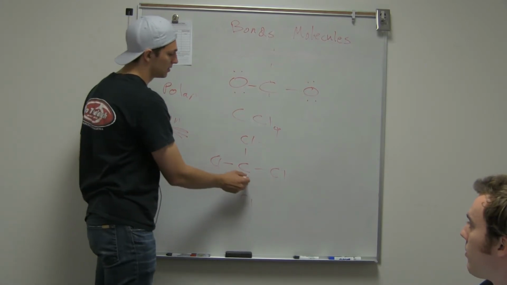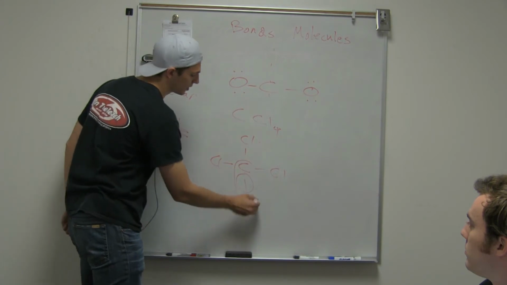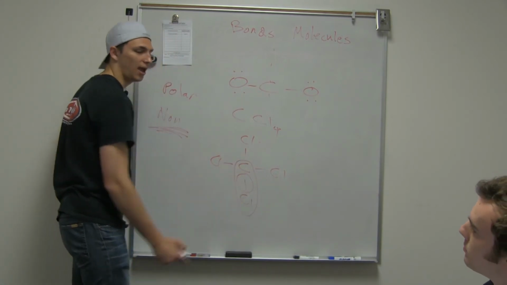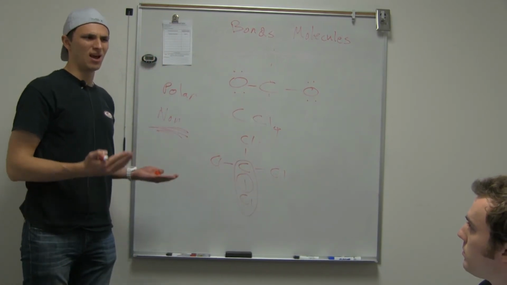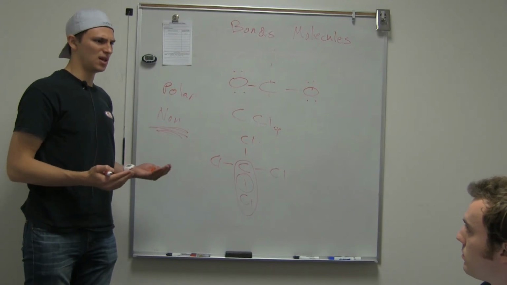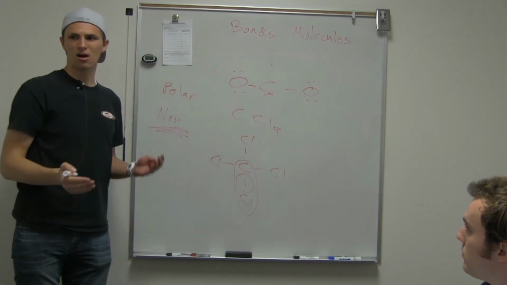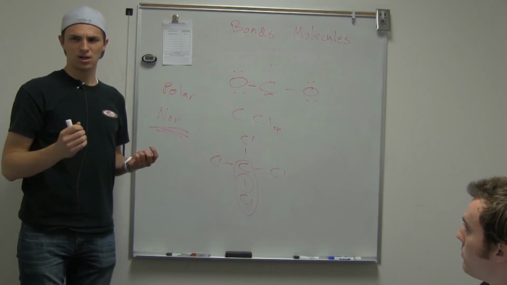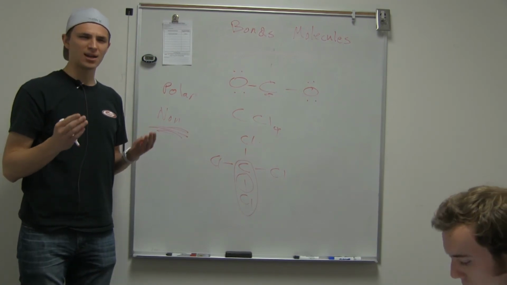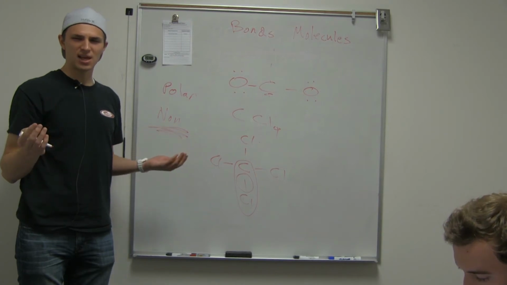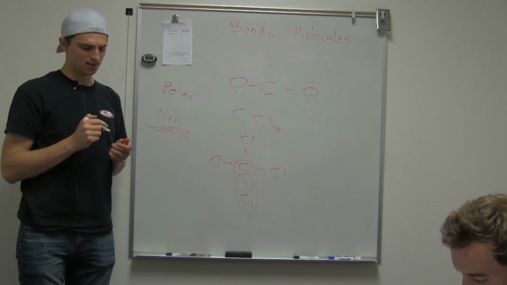But the bonds themselves, if we were just to focus on the bond between carbon and chlorine, they would have different electronegativities. Pretty sure that carbon and hydrogen are close in electronegativity, and so in that case, generally we say that it's nonpolar, I think.